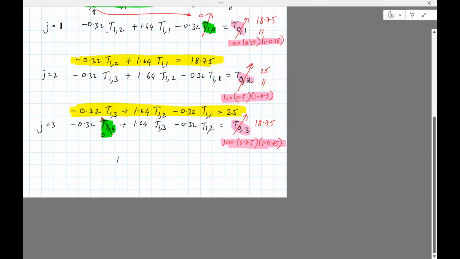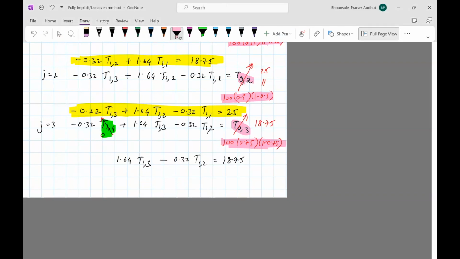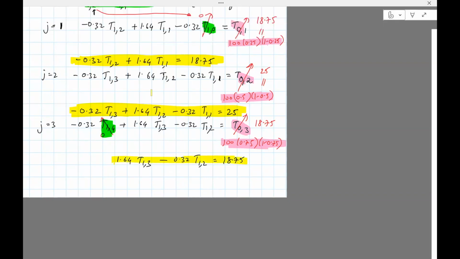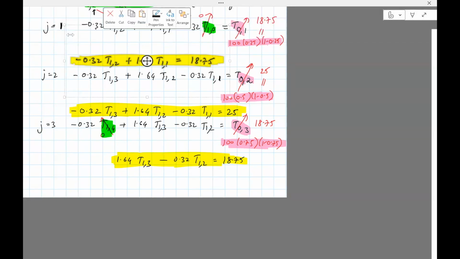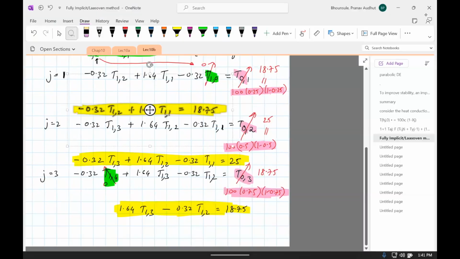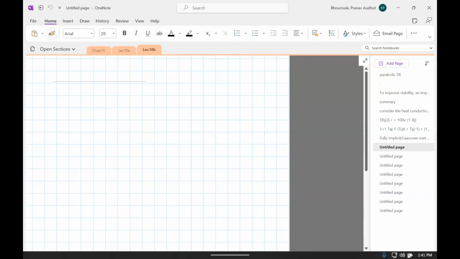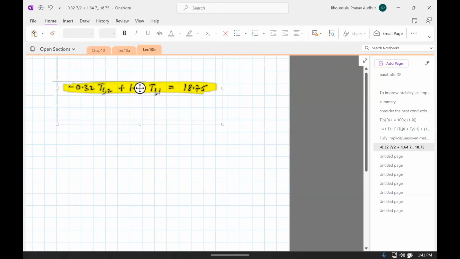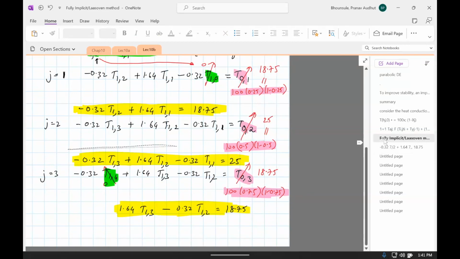My bad, the T1,4 term will be 0. We'll pick all these formulas because we'll need them.